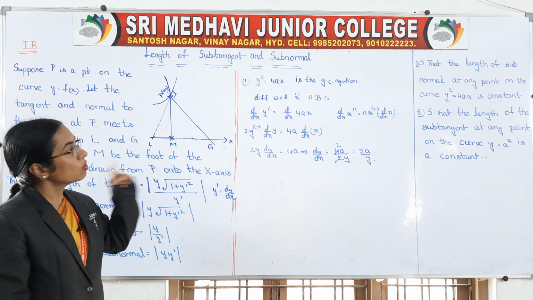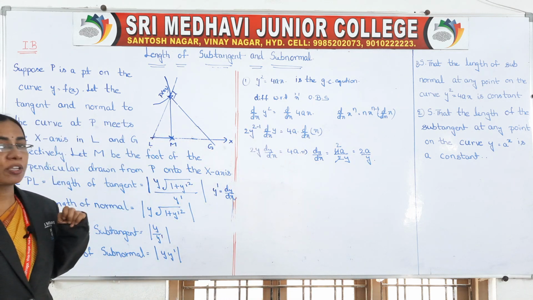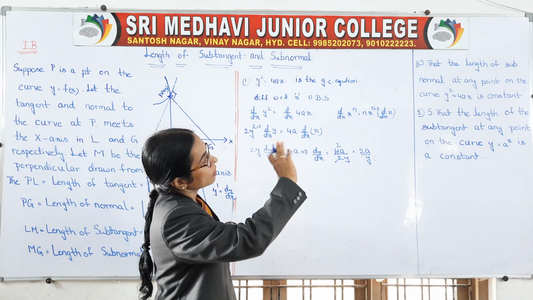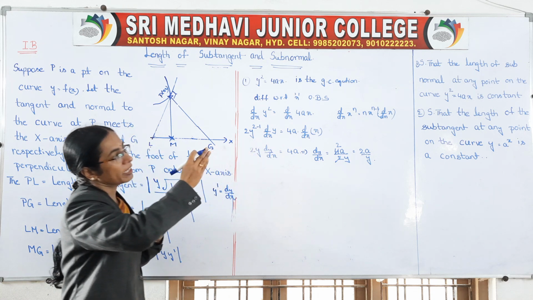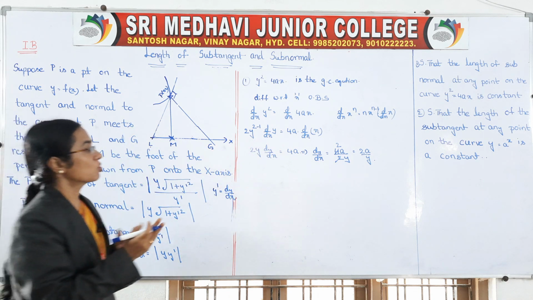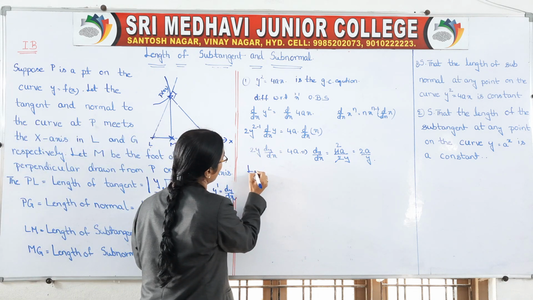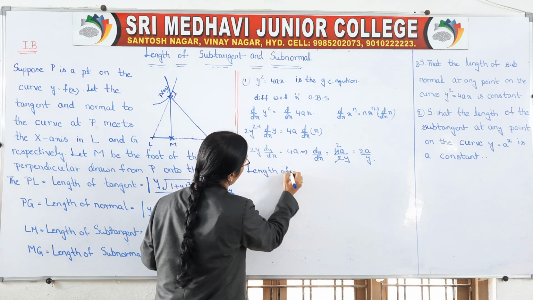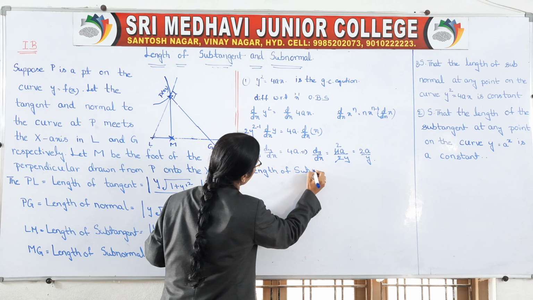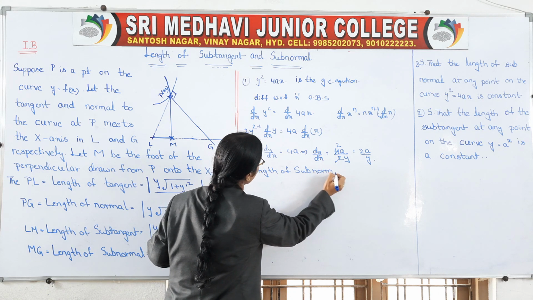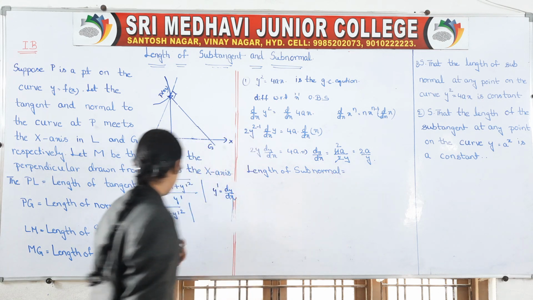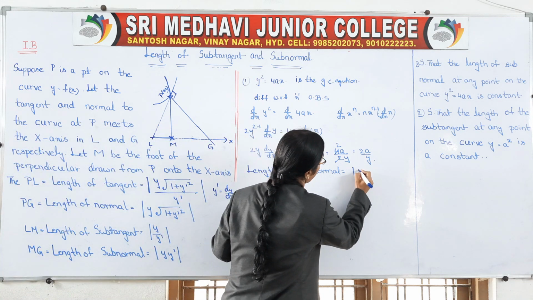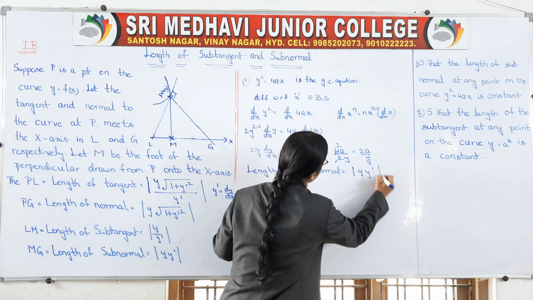Okay, so now you take your value. What is that value we want? It is the problem: show that the length of the subnormal. So take the length of subnormal formula. What is the formula for length of subnormal? Length of subnormal is equal to modulus of y into y dash.